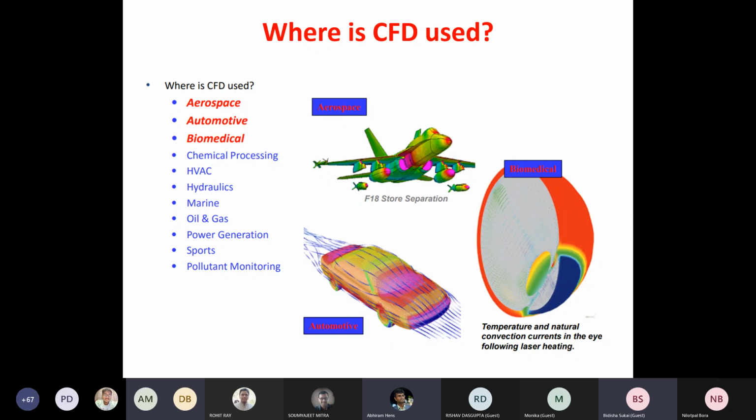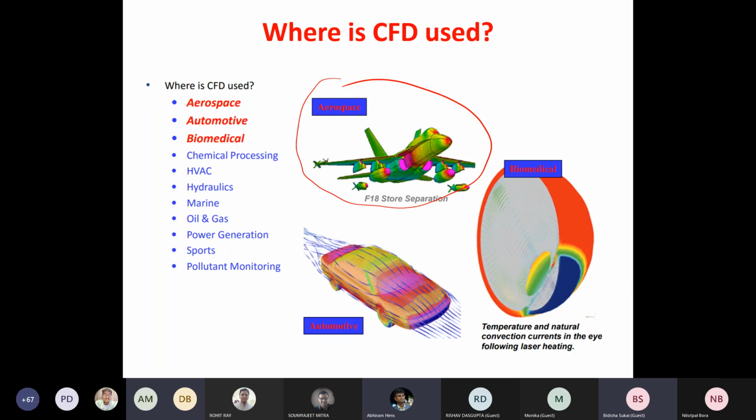Chemical engineers and a part of mechanical engineers are mostly interested in incompressible flow, because for applications on the Earth's surface, mostly we can assume incompressible flow. So aerospace is a very vital area where a lot of equipment development takes place from CFD experts.